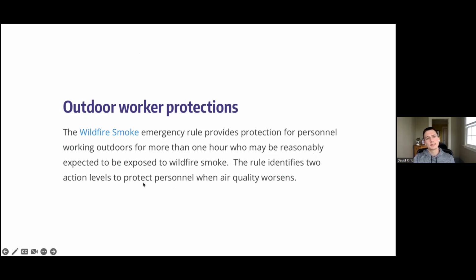But essentially, it is a rule that provides protection for personnel working outdoors for more than 1 hour who may be reasonably expected to be exposed to wildfire smoke. The rule identifies 2 action levels that employers need to implement certain strategies for when the air quality worsens.